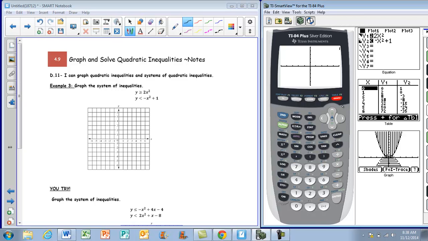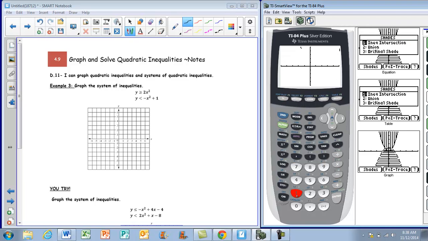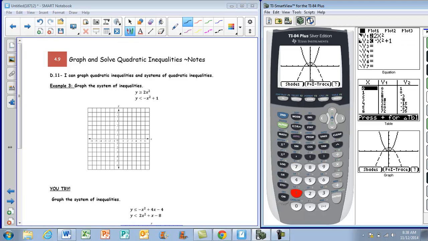Now if I go back to my graph, the shading happens right here in this little section. So again, you're going to have to copy this over.